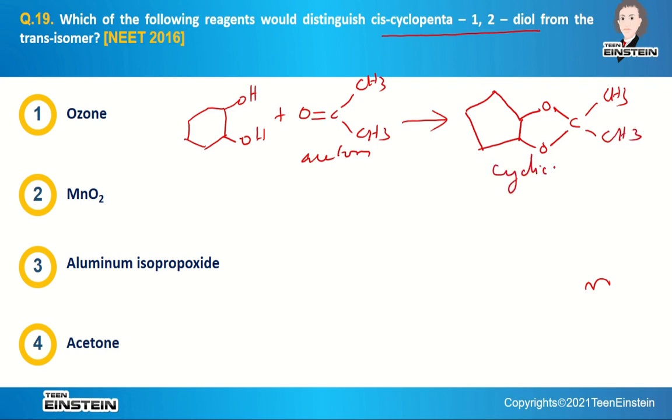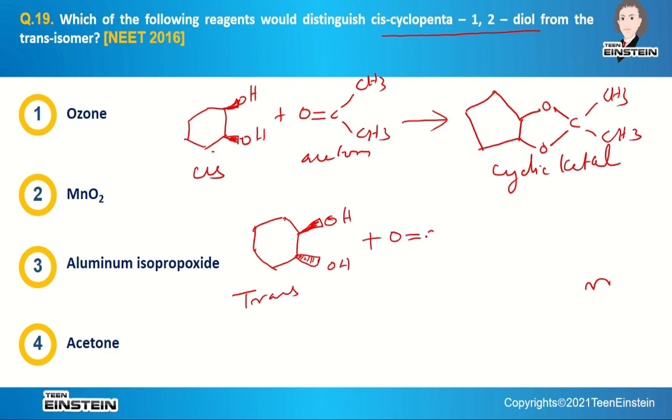that is cyclic ketal. But whereas the trans isomer of cyclopentane-1,2-diol, in trans cyclopentane-1,2-diol, this first one is cis form, this is trans form, reacts with acetone, no reaction takes place, that is this trans form of cyclopentane-1,2-diol doesn't form a cyclic ketal.